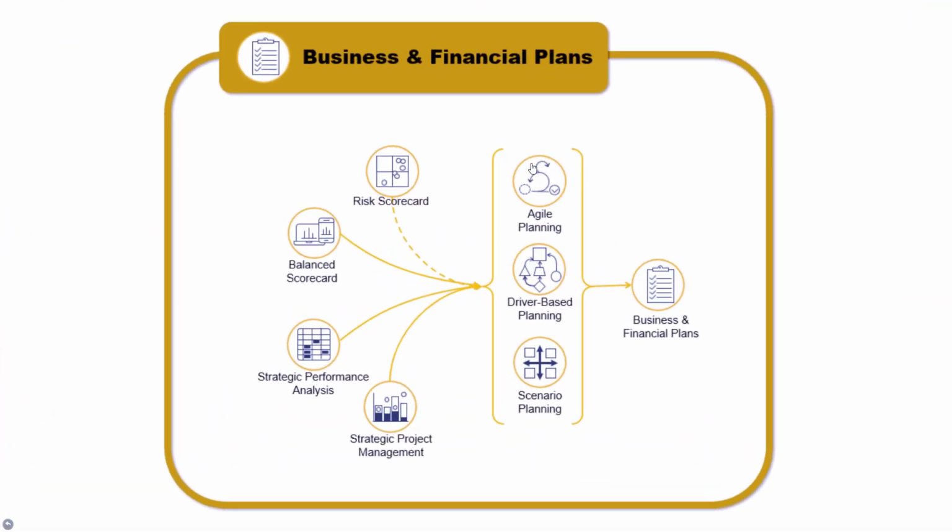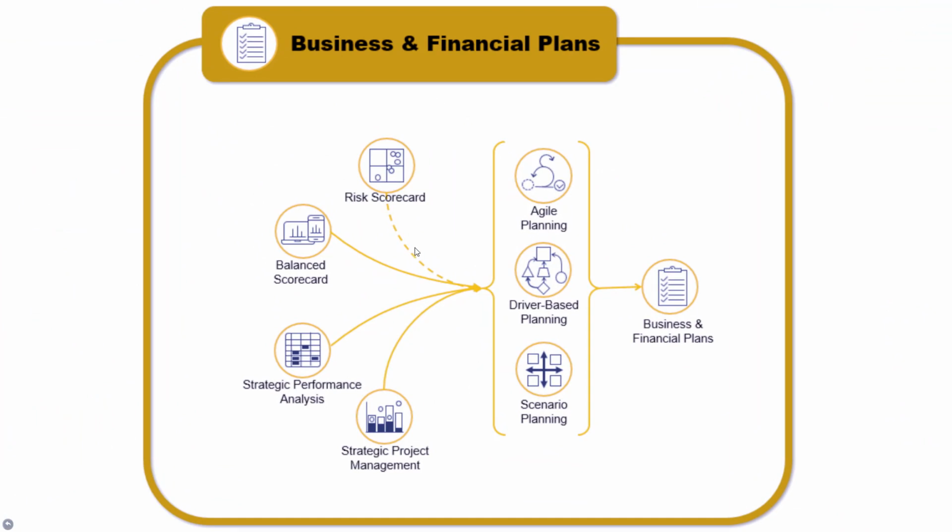Now, those plans, again, you can use those raw materials, what we learned from risk, which we'll talk about in a minute, the scorecard, the detailed analysis, the project alignment, and through whatever framework you would like, whether you prefer to do scenario planning, driver-based planning, or agile planning, we can build your business plan based on this information.